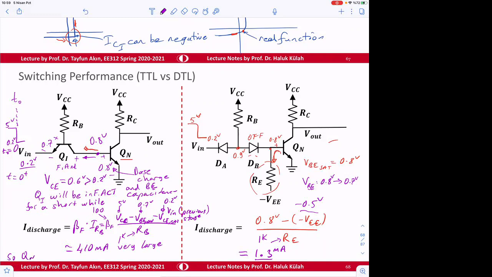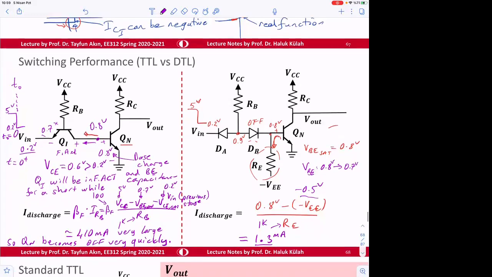So Qn becomes off very quickly because the base emitter charge is removed very quickly. Okay.